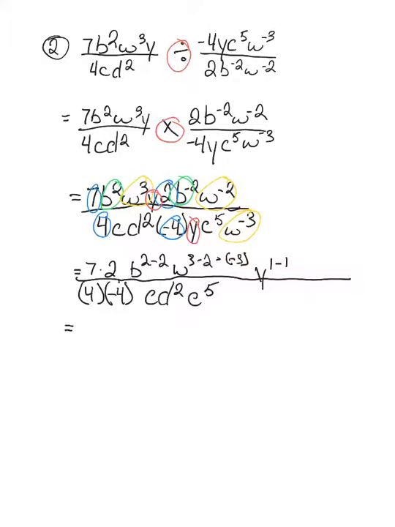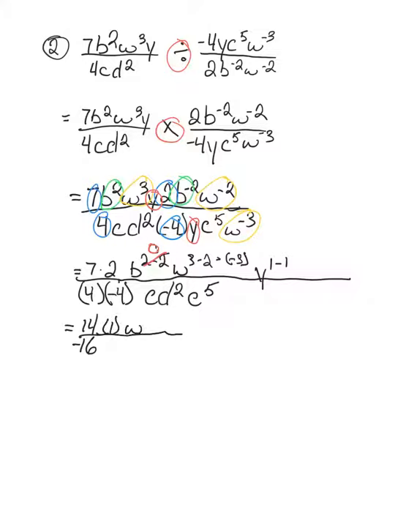So 7 times 2 is 14. 4 times negative 4 is negative 16. 14 over 16. So now 2 minus 2 equals 0. So b to the 0 will equal 1.